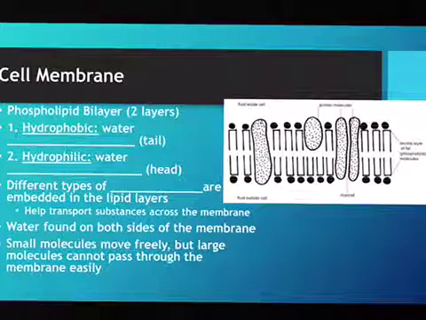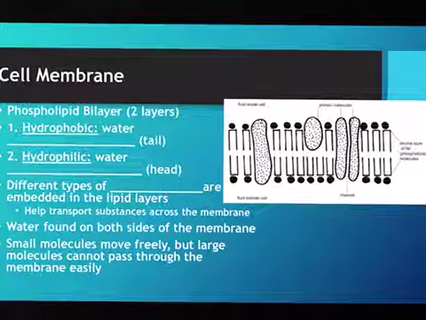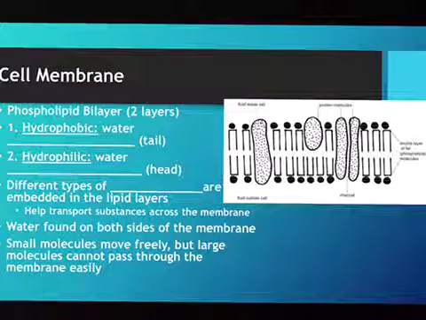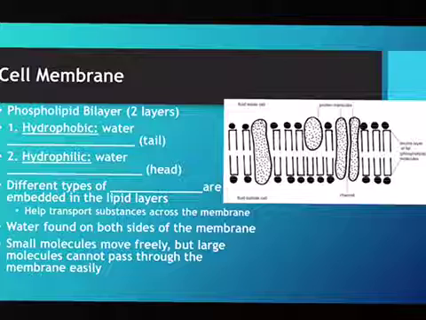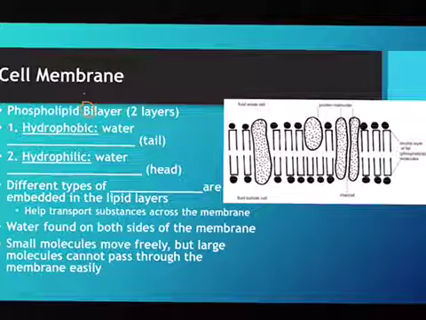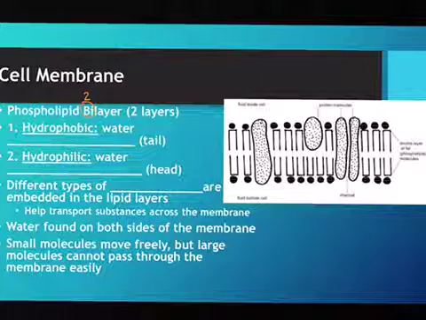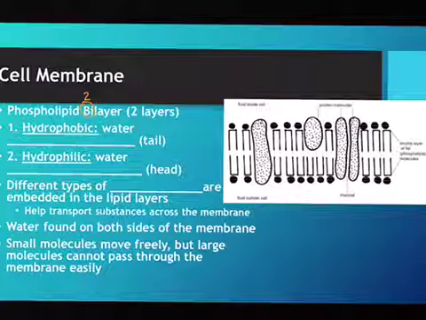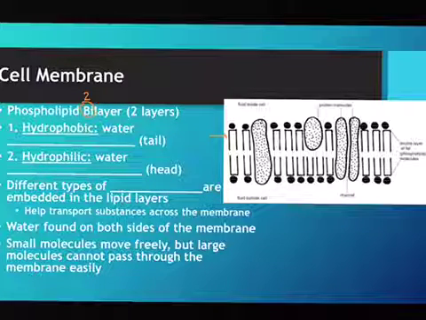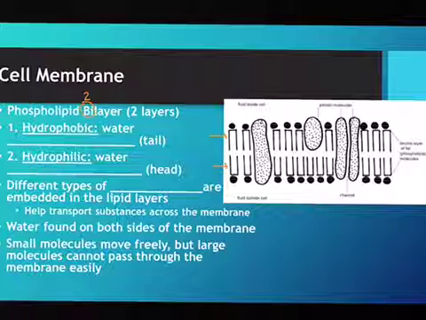So a little bit more about the structure of the cell membrane. It is a bilayer. The prefix bi means two, so that indicates it is two layers. And you can see in the image we have a top layer and a bottom layer.